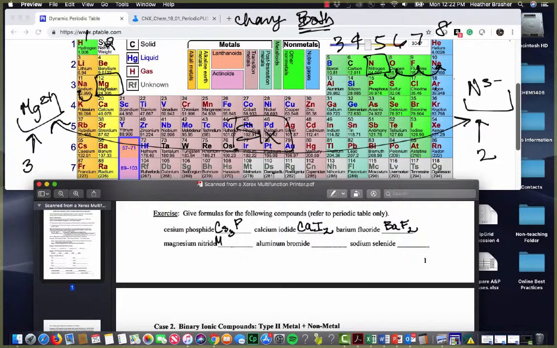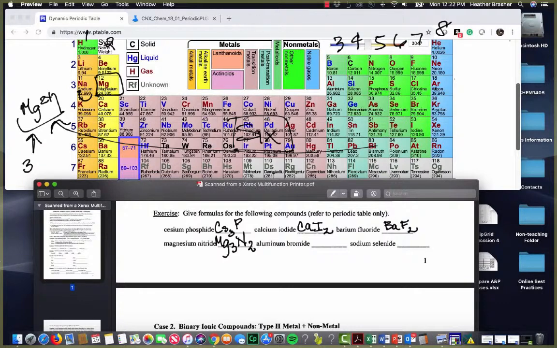So when we write this, it's magnesium 3, nitrogen 2. Don't make this harder than what it is. It's really not that bad if you take it step by step like this. And that's what I tend to do with all my chemistry stuff, is I like to take it step by step so I can figure out what I am doing.